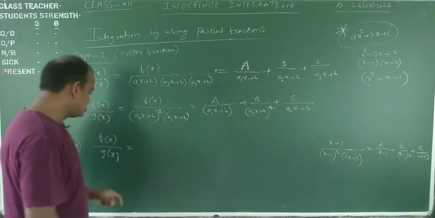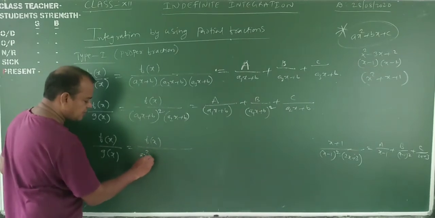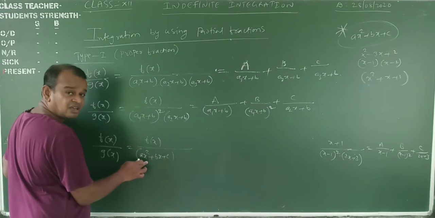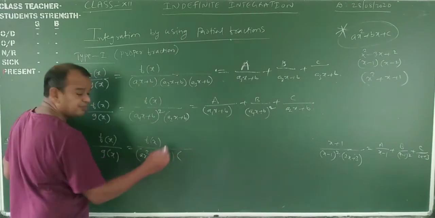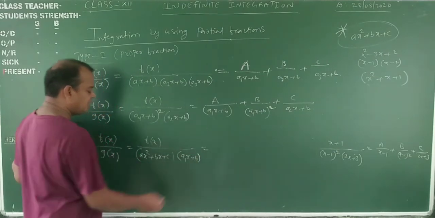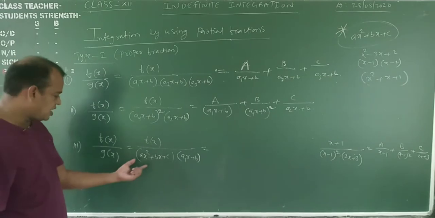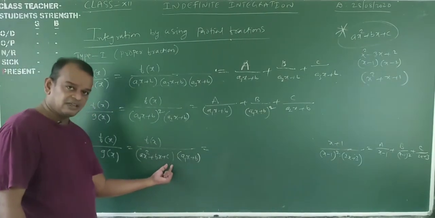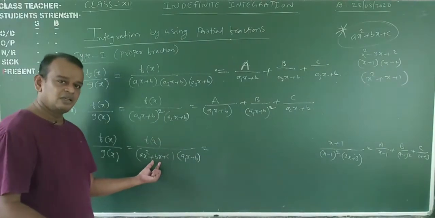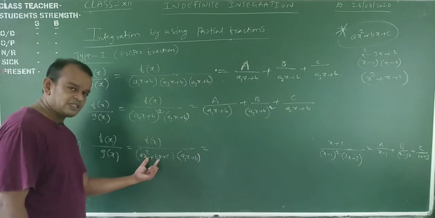How irreducible? f(x) by, for suppose, ax² + bx + c, where ax² + bx + c has no factors, into, for suppose, a1x + b, this is a linear factor, no problem at all. Whenever ax² + bx + c is given, it is irreducible, it has no factors.